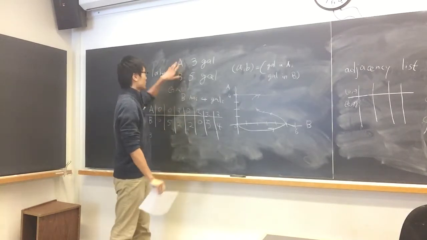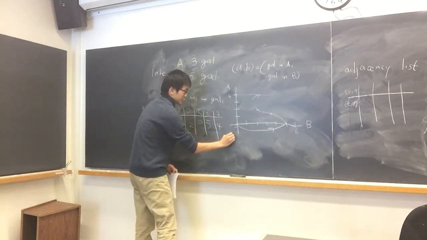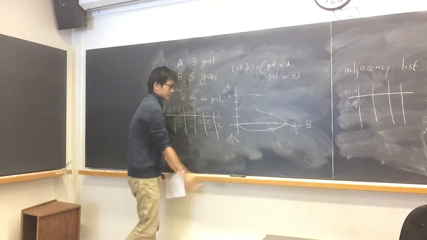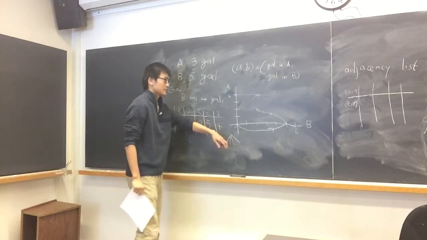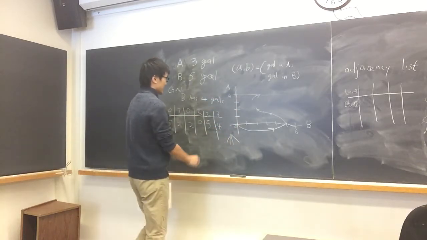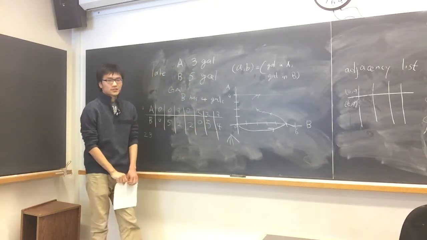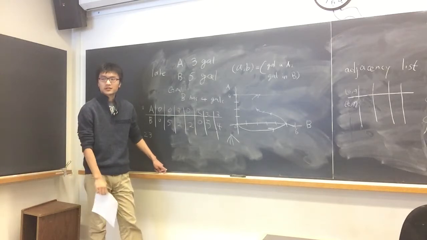But if we have more cups, then the branching factor, so branching factor is how many other vertices we can go to at one particular vertex, gets big, then we're using too much memory. So after some point, we can switch to DFS. So by using those two algorithms, we can solve the problem.